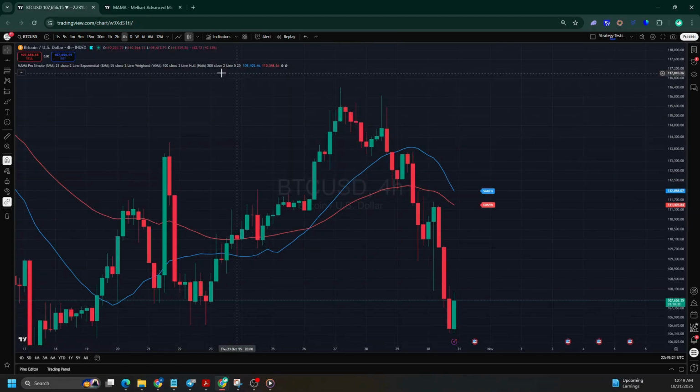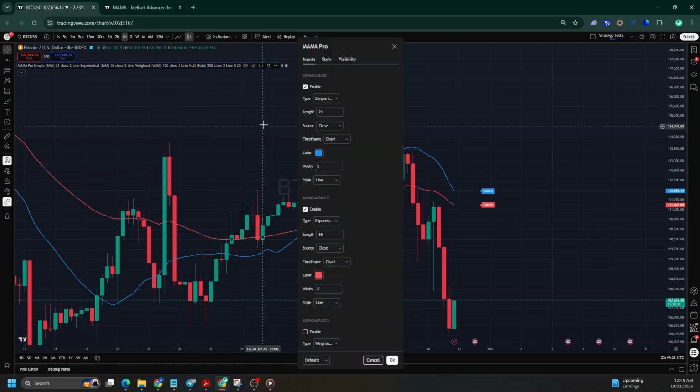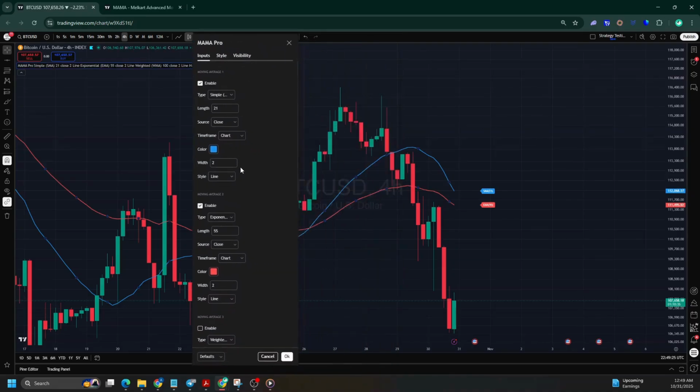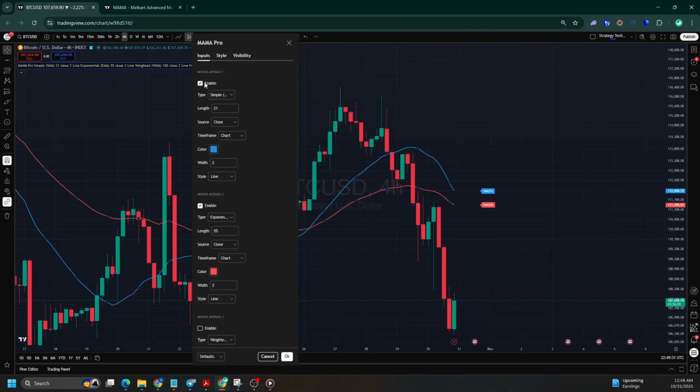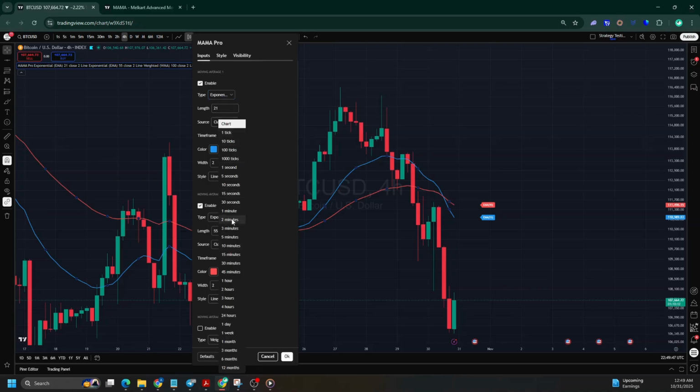So let's go to the settings and start working on the indicator. What you see here is 4 different types of moving averages, and you can customize everything. So for example, let's see Bitcoin. What I really care about on the high time frame is the exponential moving average, the 21 EMA, and I want it on the weekly.